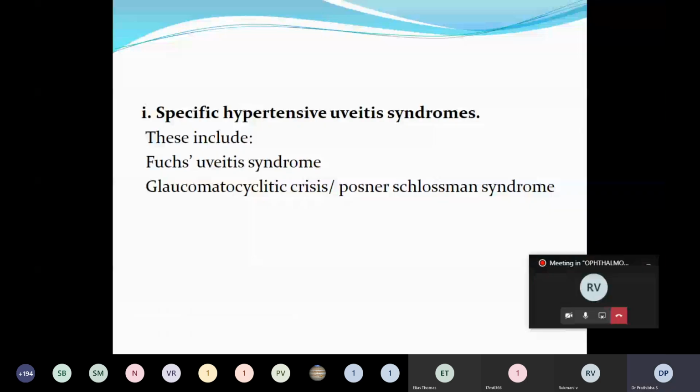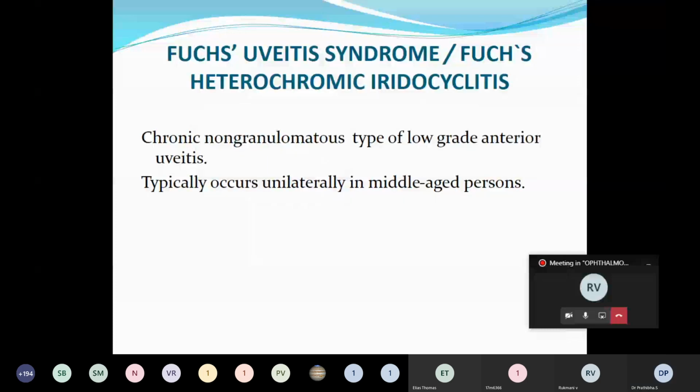The specific uveitis syndromes include Fuchs uveitis syndrome, and the other one is Posner-Schlossman syndrome, which is also called glaucomatocyclitic crisis. Fuchs uveitis is a type of chronic non-granulomatous, low-grade anterior uveitis.